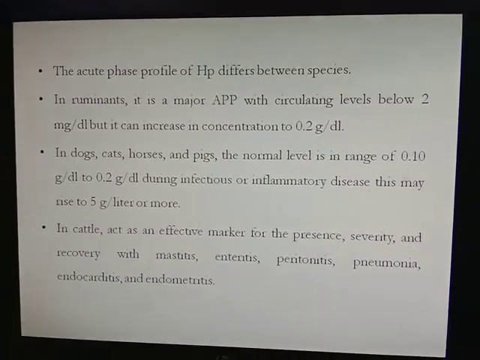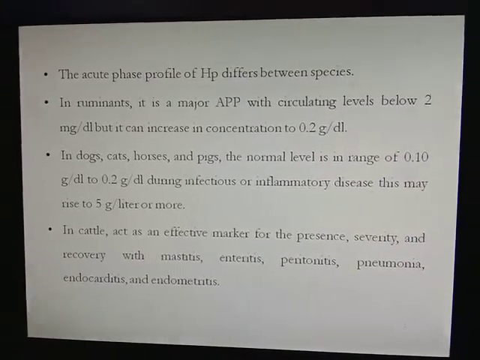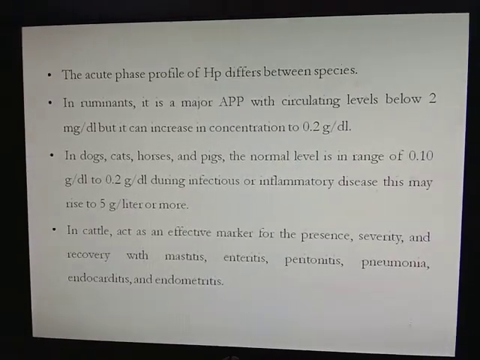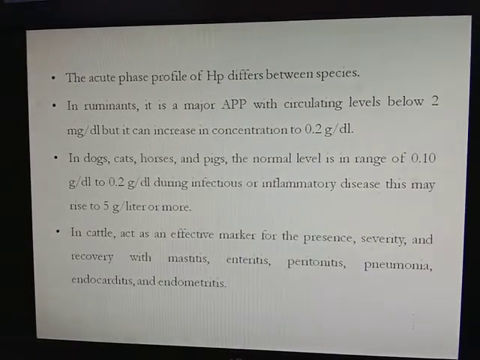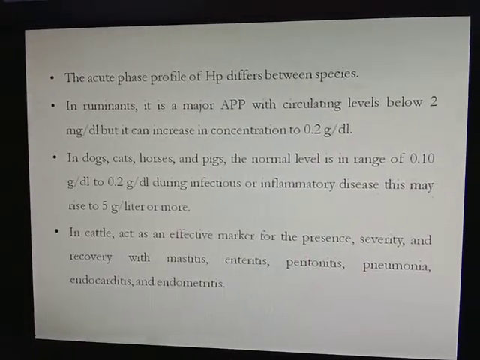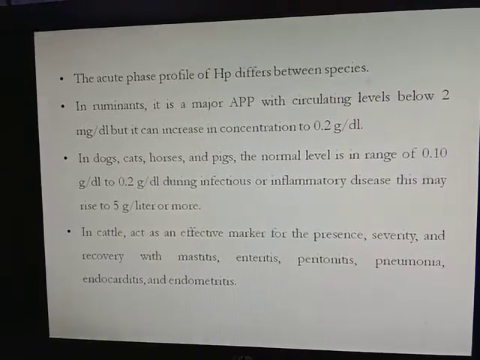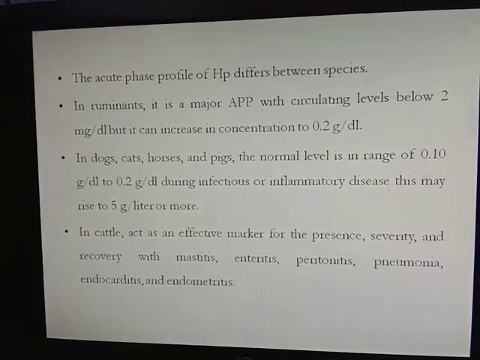The acute phase profile of haptoglobin differs in different species. In ruminants, it acts as a major acute phase protein, whose normal circulating level is below 2 mg per dl, but its concentration increases up to 200 mg, or 0.2 gram per dl, after inflammation.